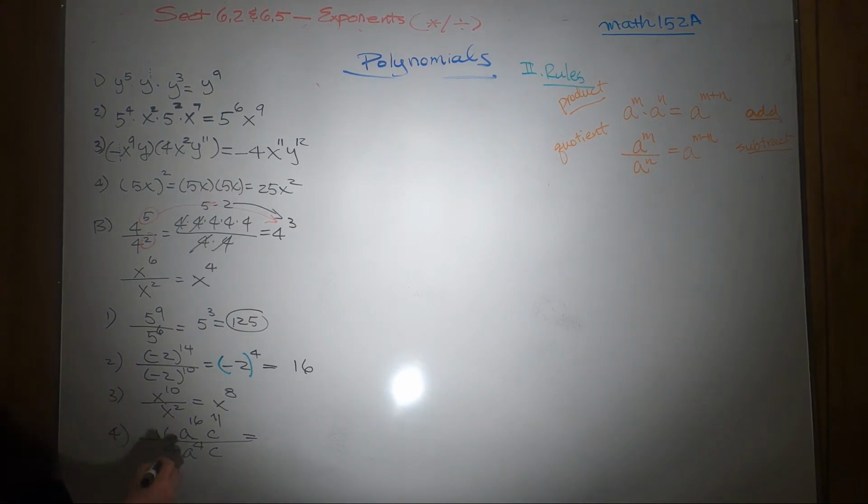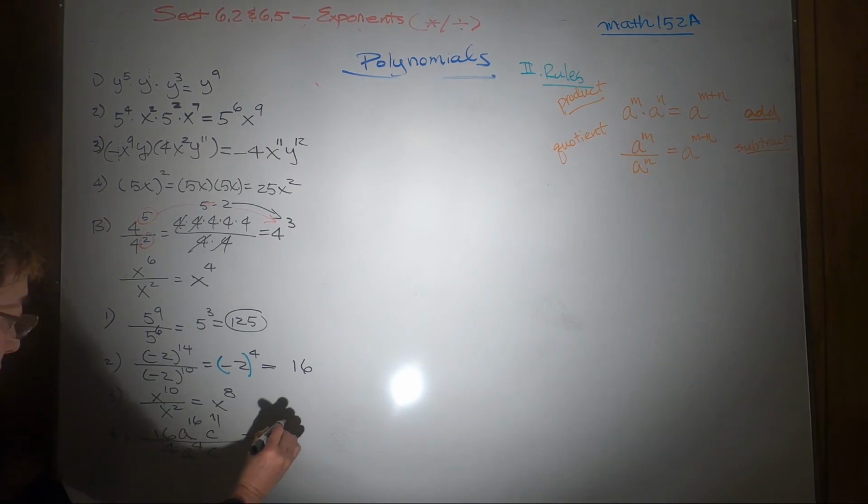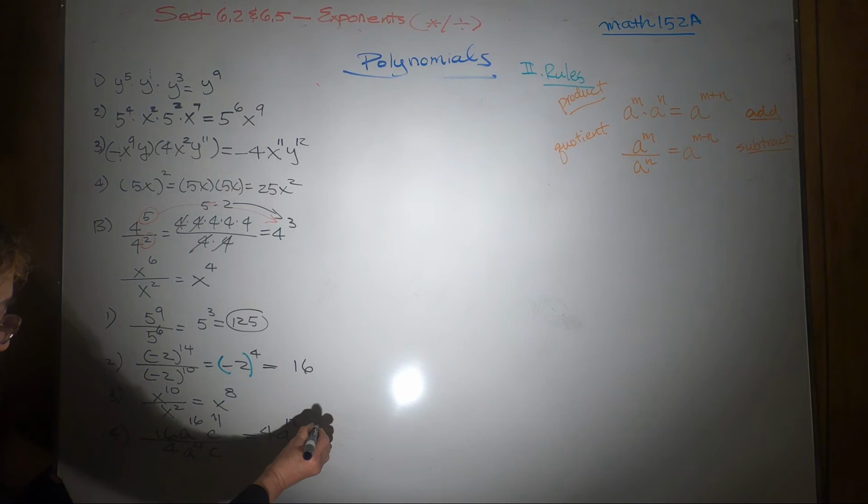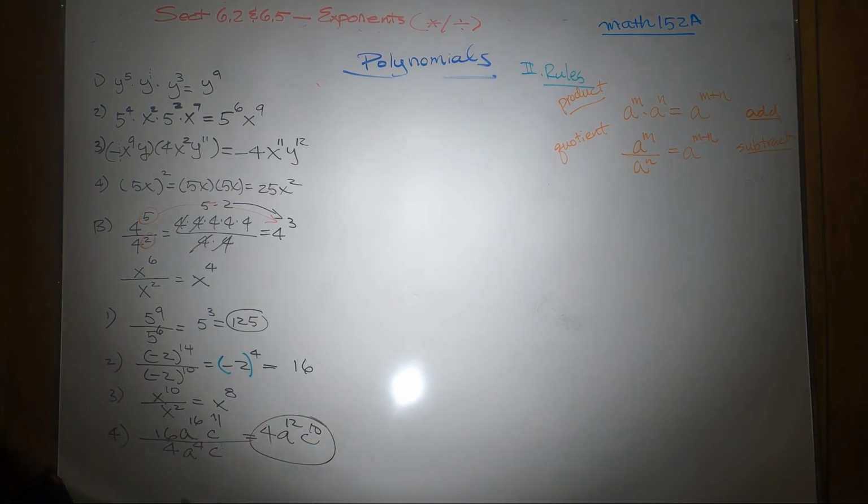Okay, 16 divided by 4, 4. Then a, same base, how many you have left? 16 minus 4 is 12. How many c's left? 11 minus invisible 1, so you have 10 of them left, right?